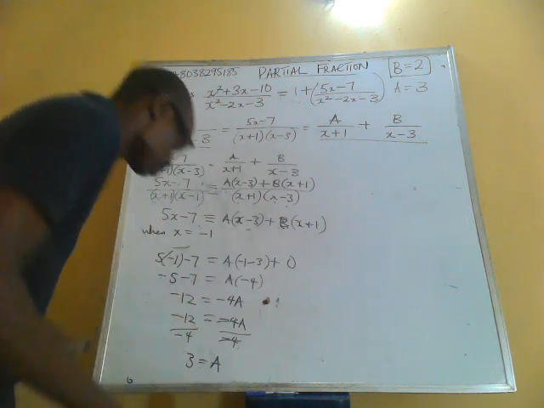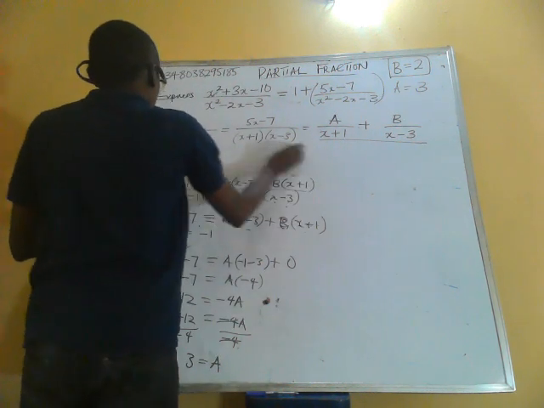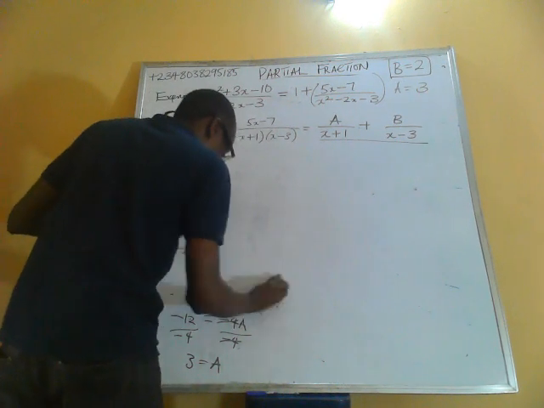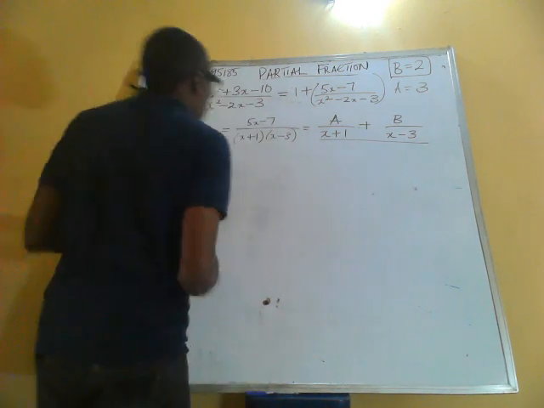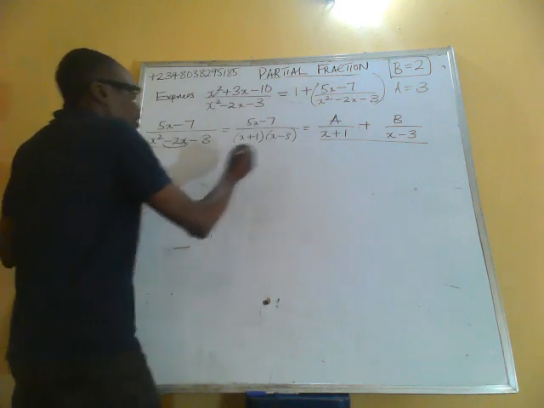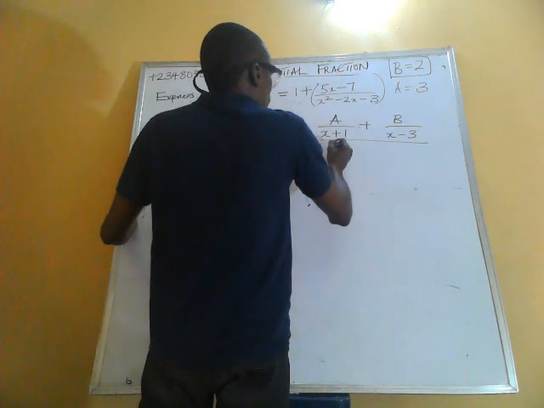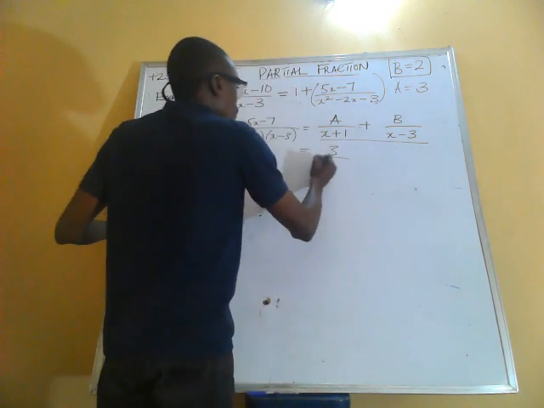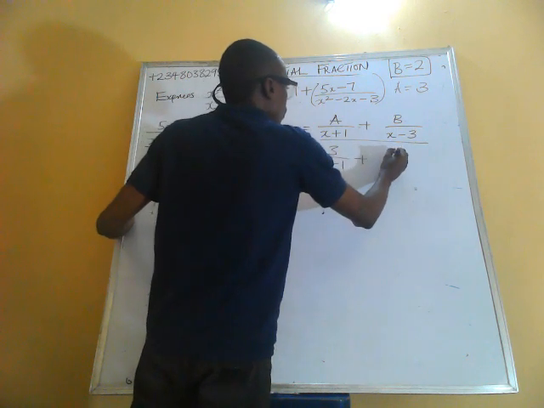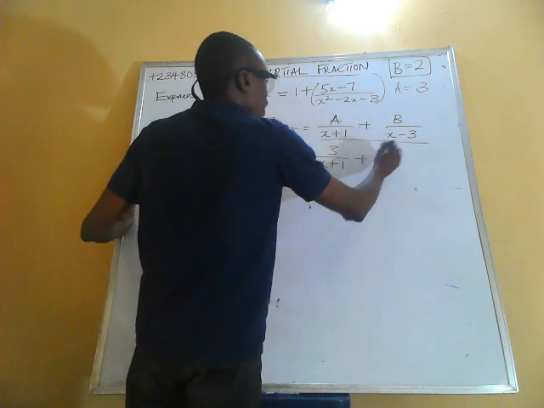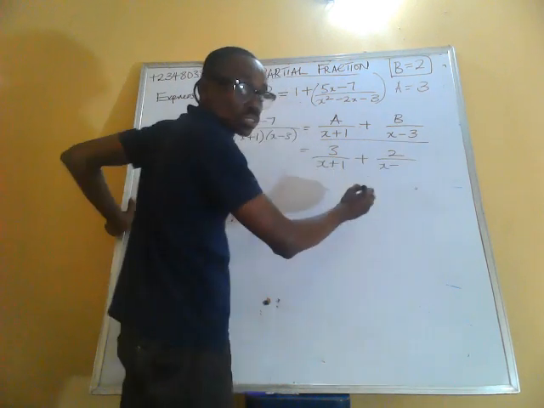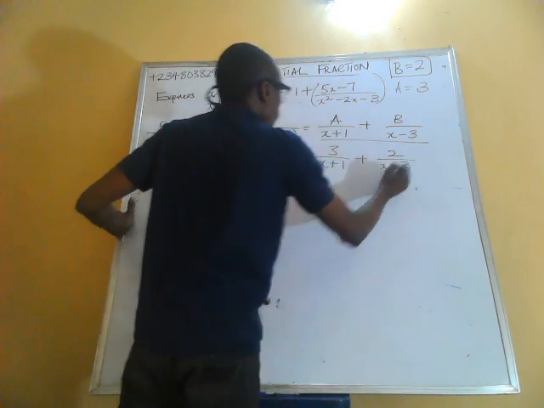Okay, so let's do that right away. Our a is 3 over x plus 1 plus our b is 2 over x minus 3.